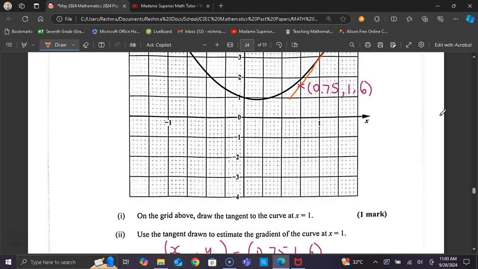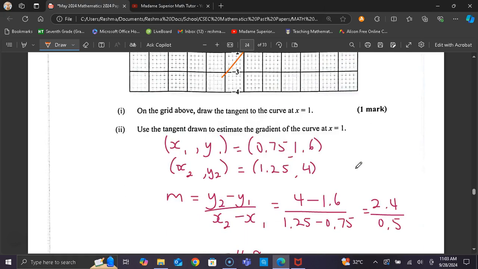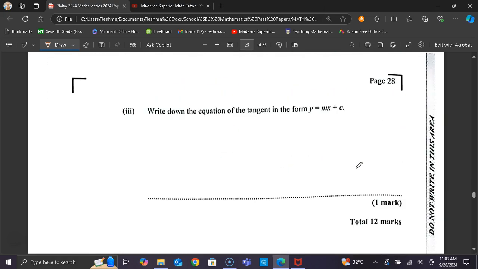Okay, that is as straight as I could draw it. It will cut the y-axis at -2, so that means c is -2. Therefore, the equation of our tangent is y is equal to 4.8x minus 2.